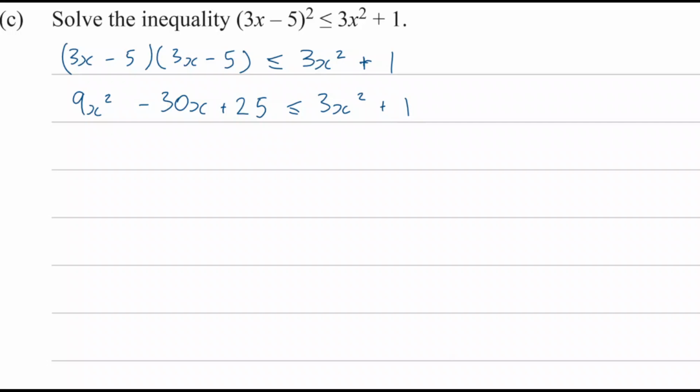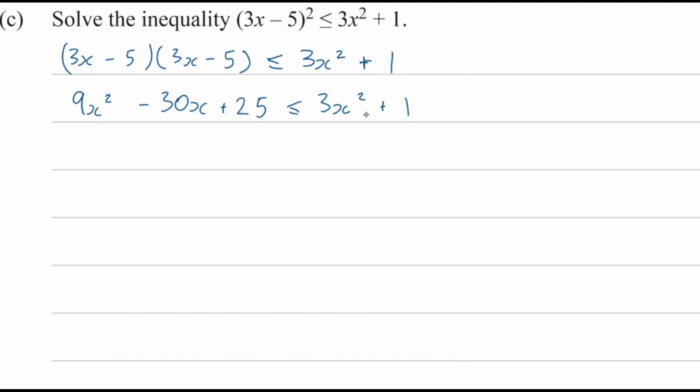Awesome. Now I see some x² terms floating around, which makes me think we're going to have a quadratic. And just like solving a quadratic equation, when we have an inequality, we want all the terms on one side, less than or equal to 0, or greater than or equal to 0, so that we can then factorize.